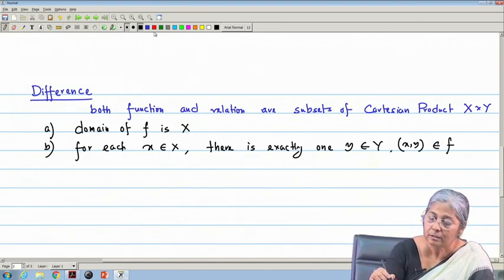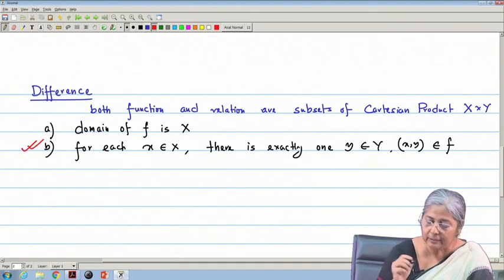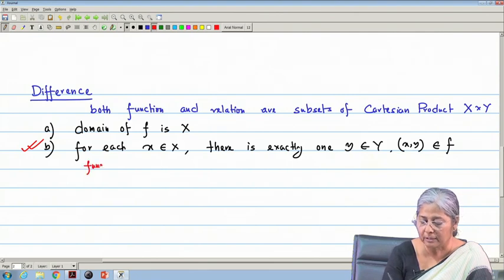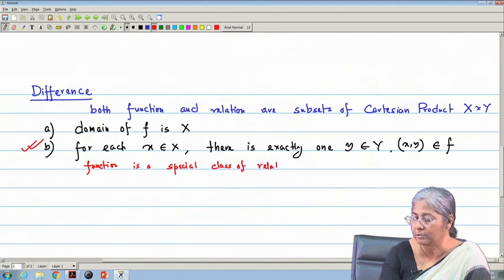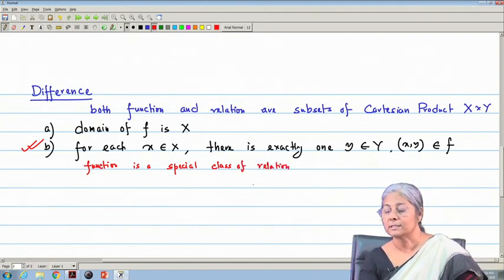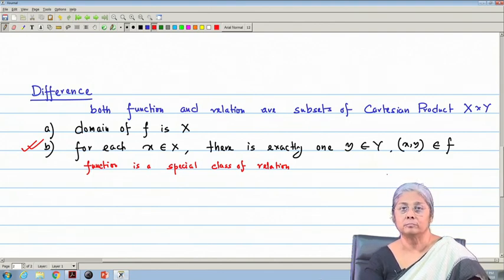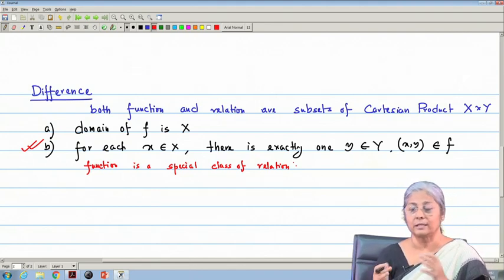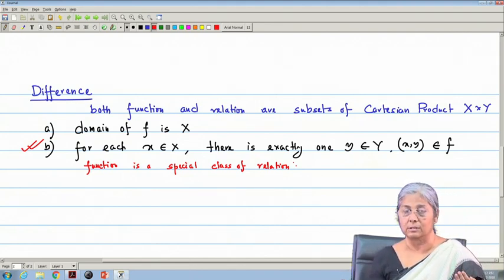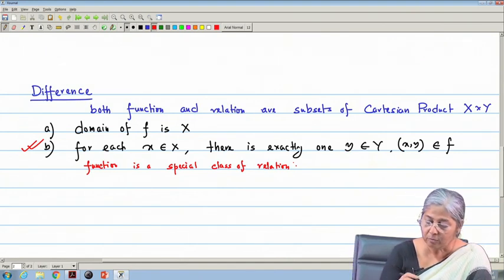This is the difference, and that is why we call the function a special class of relation, because here for each x there is exactly one y. It is not true for relation. So, relation is actually a general situation.